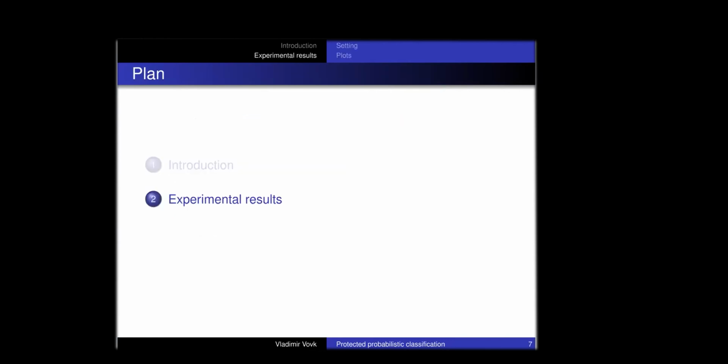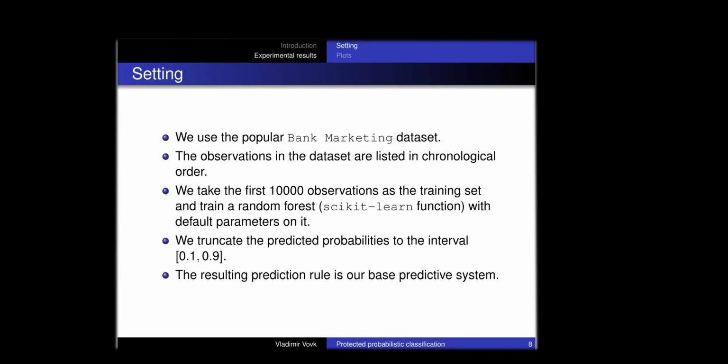So, to conclude my presentation, I will show you some pictures. The pictures are about the bank marketing data set. It's very popular. What is good about this data set is that all observations are listed in chronological order. In many data sets popular in machine learning, you don't know what the order is.